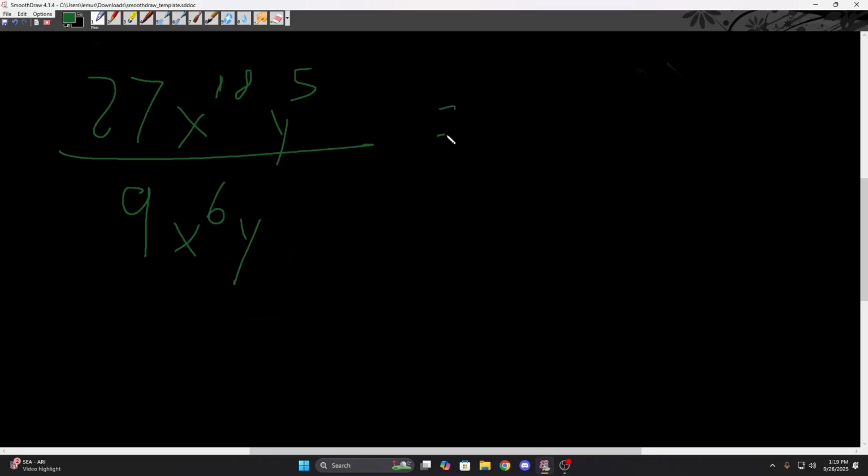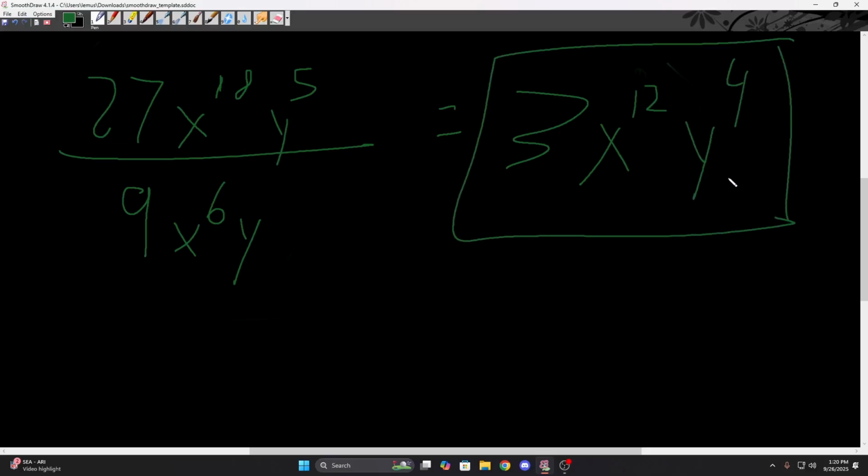Here, remember, that's division, because those are whole numbers, they're not exponents. 27 divided by 9 is 3. And then here you do 18 minus 6, that's 12. And then you do 5 minus 1. Since it's understood, that would be y to the 4th. This should be your answer.